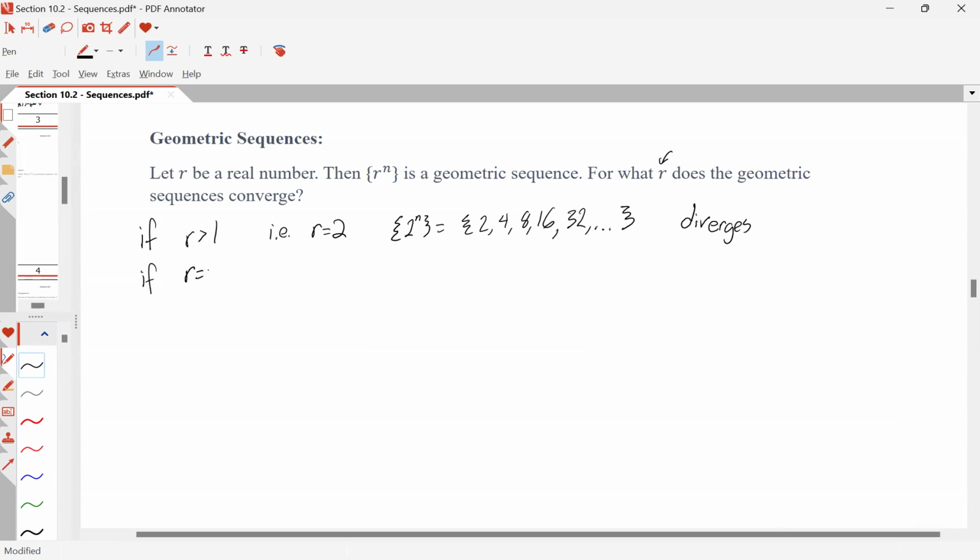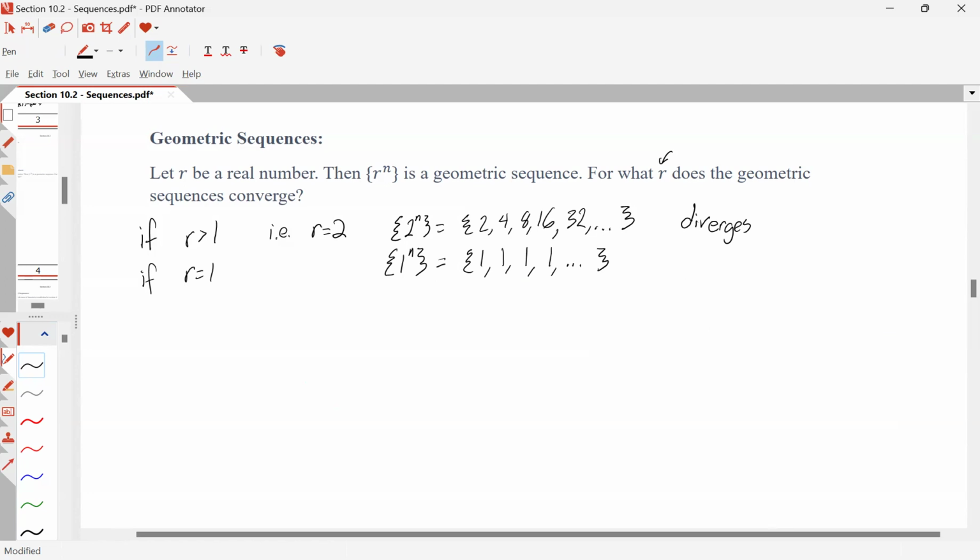Now, trying r equals 1, then we'd be looking at the sequence 1 to the n. And 1 to the first is 1, 1 squared is 1, 1 cubed is 1, 1 to the fourth is 1. Our sequence is just 1 repeatedly.